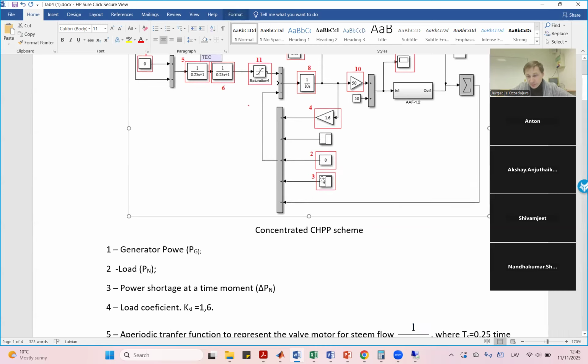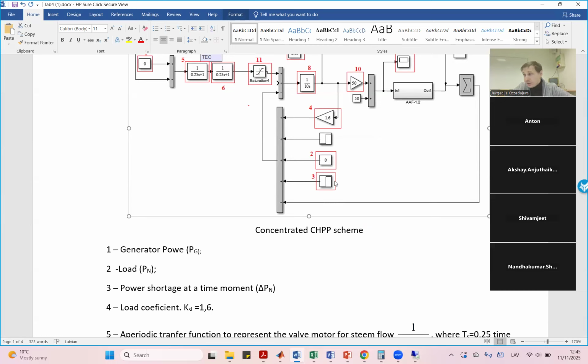No, this is block number 3. It's a step function in Simulink, yes. So this is the same as in the first lab. So you have two variables: the time moment when this outage appears and the value.